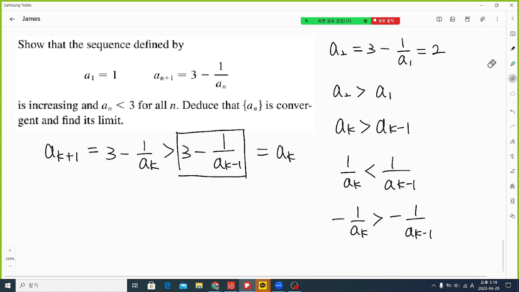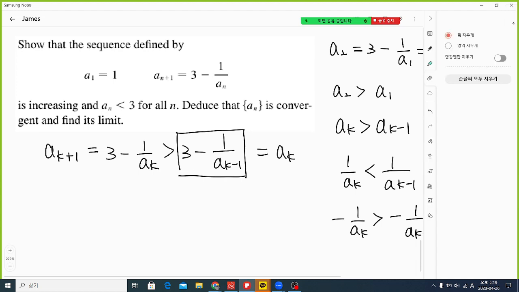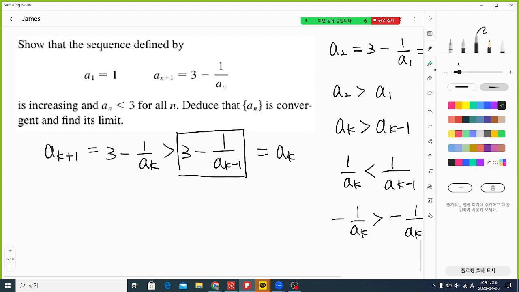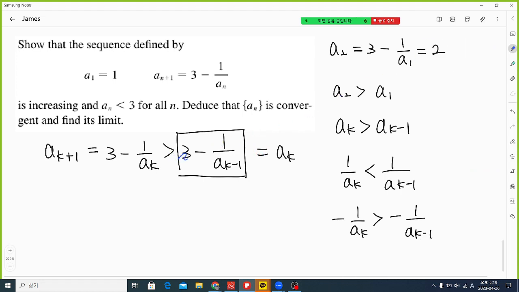So this means this one. Look at this. Now we can see that the k plus first term is greater than the kth term. So now we prove the sequence is increasing by mathematical induction.